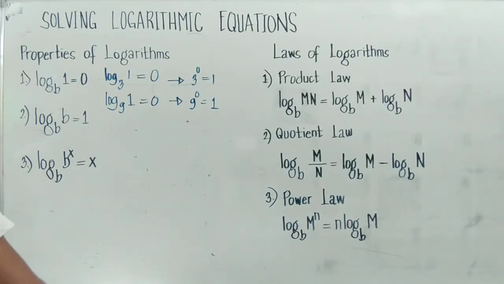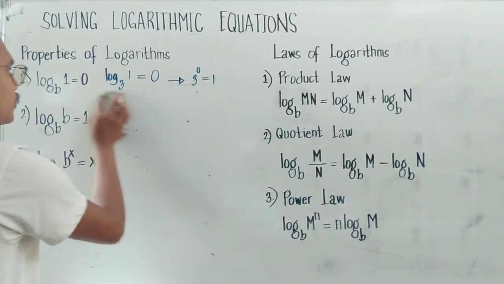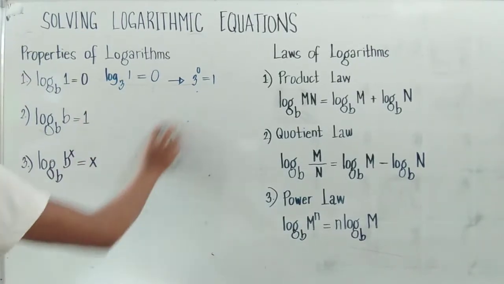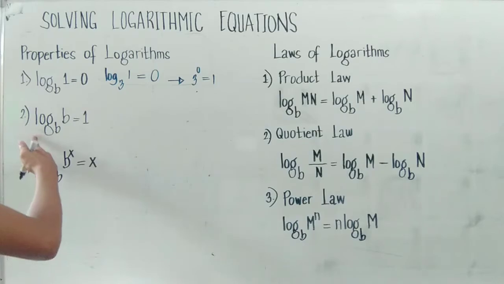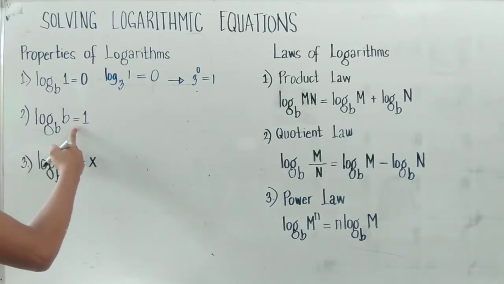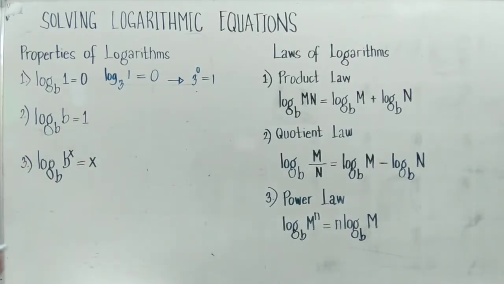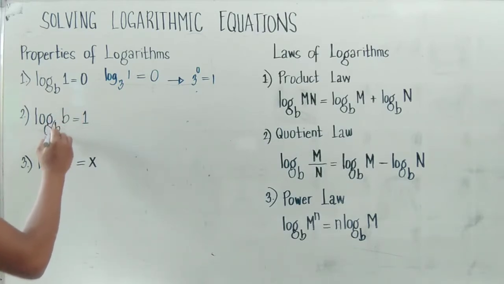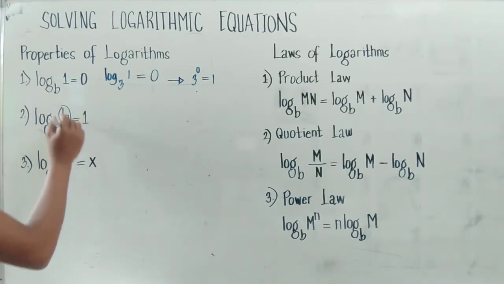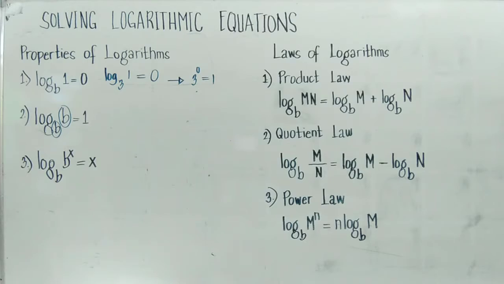Now let's proceed to property number 2: log of b base b equals 1. You can see that the base and the number are equal.